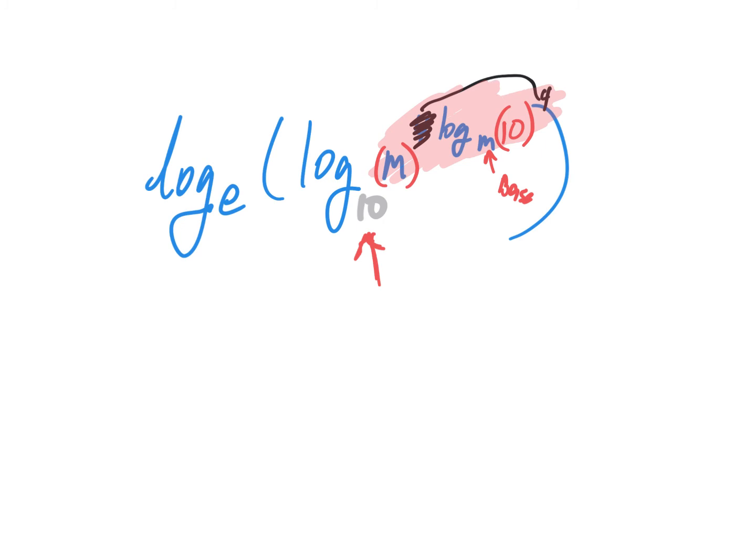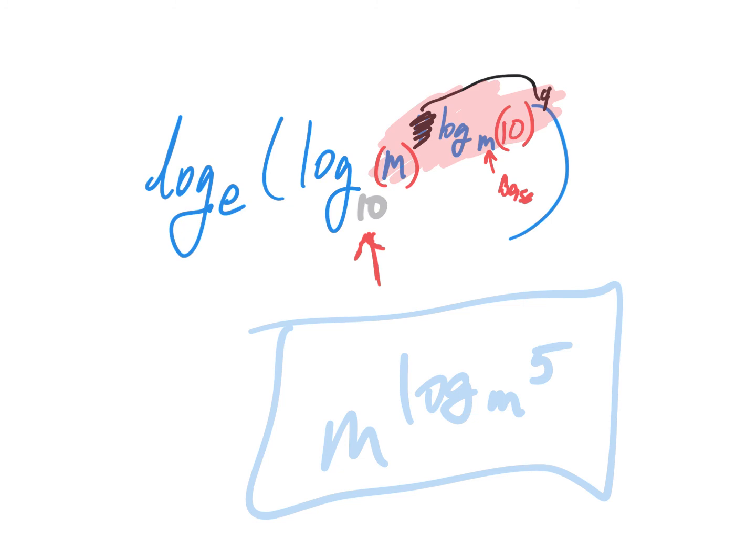All of that pink stuff equals 10 to the 4th. That's the critical breakthrough. Why? Because the bases are the same. It would be a lot like, I'll break it out down here. If I just had this, m to the power of log base m of 5, you have to be able to look at those and go, oh, that's just 5. It's like that, except more complicated. And you look up here, and all of this turns into 10 to the 4th.